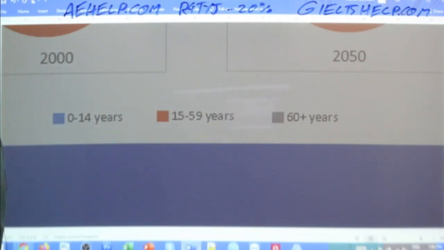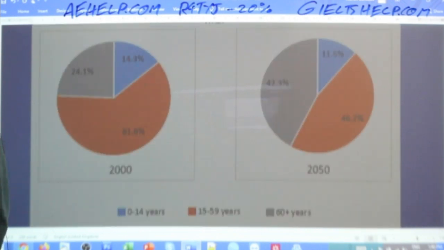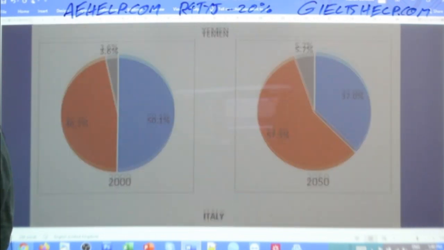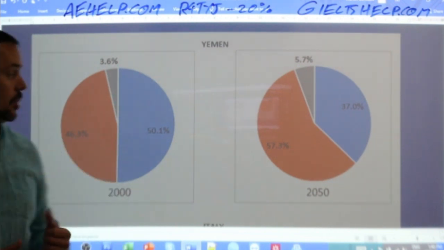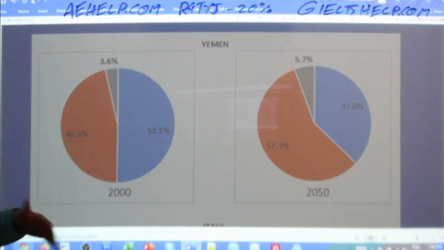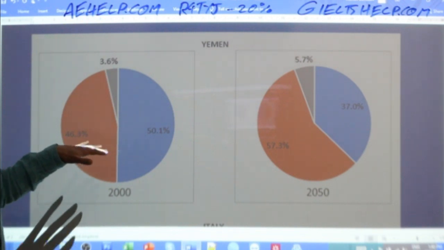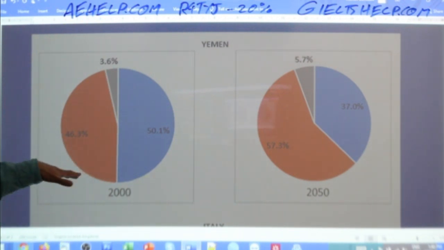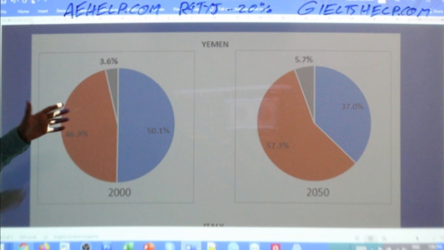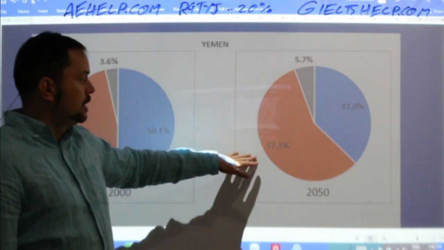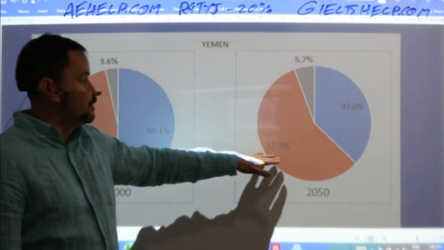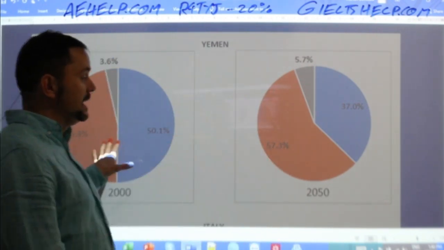The big mistake that many students make, and I'm telling you that now because I don't want you to do this when we write the essay in a minute, is a lot of students will say that the population of Yemen for ages 15 to 59 is expected to grow to 57.3%, or will be increasing.